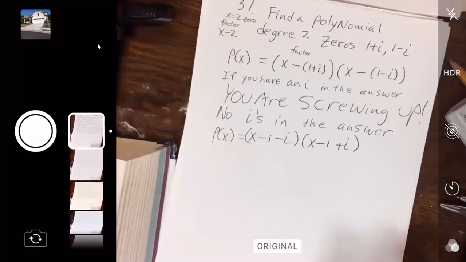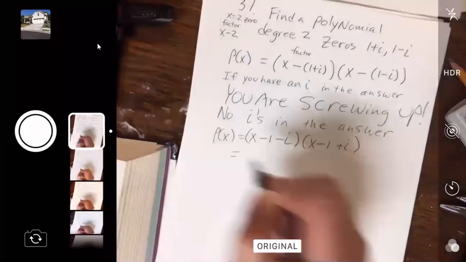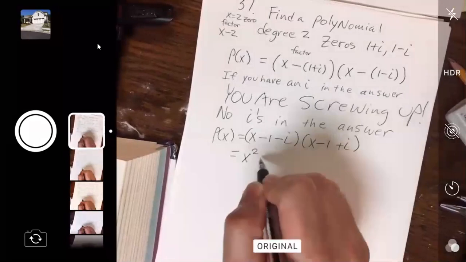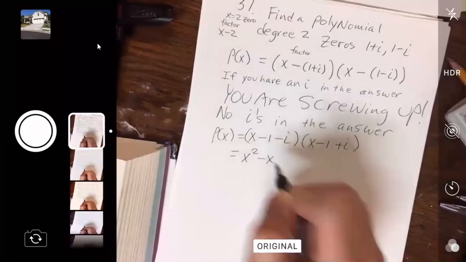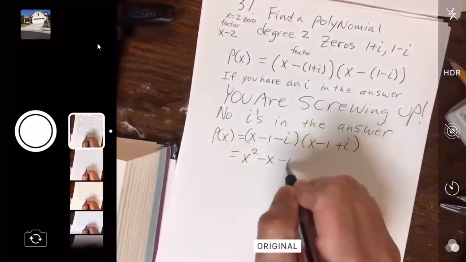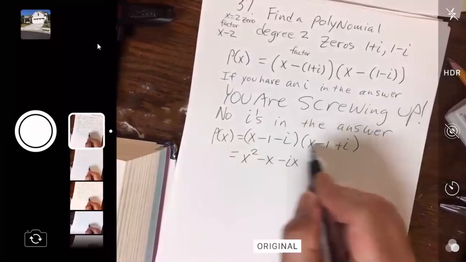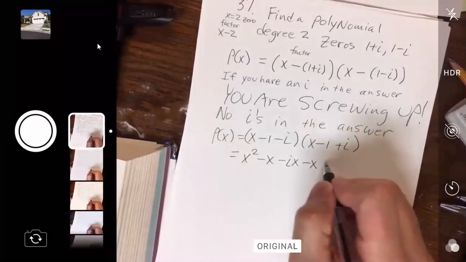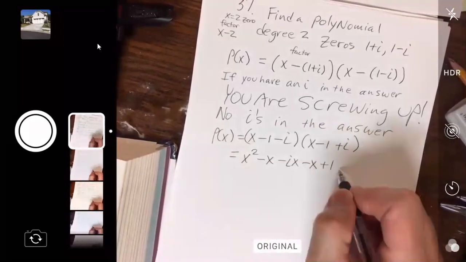All right, let's see. We'll get x squared minus x minus ix. Here's round 1. Now I'm going to distribute minus 1 through. That just will flip signs. Minus x, add 1, minus i.